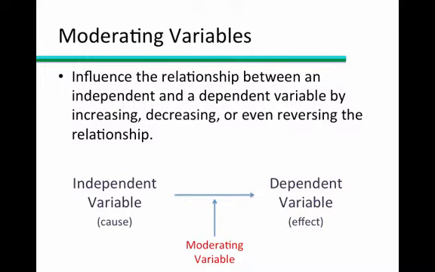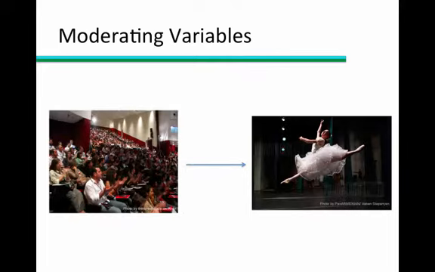Sometimes conflicting findings in research are the result of a hidden moderating variable. For example, when studying the effect of an audience on a person's performance, some studies found that an audience facilitated performance, while other studies found an audience actually inhibited performance.